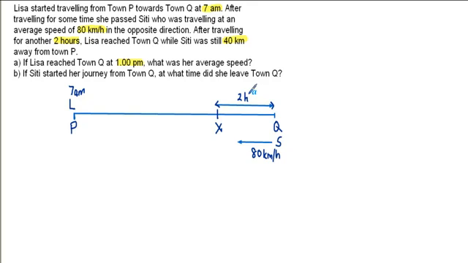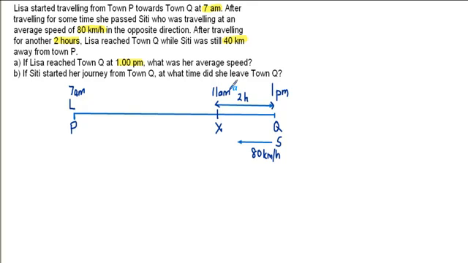If Lisa reached town Q at 1 p.m., that means when Lisa passed Cici 2 hours earlier at point X, the time would be 1 p.m. minus 2 hours, and that would be 11 a.m. So at point X, it would be 11 a.m.